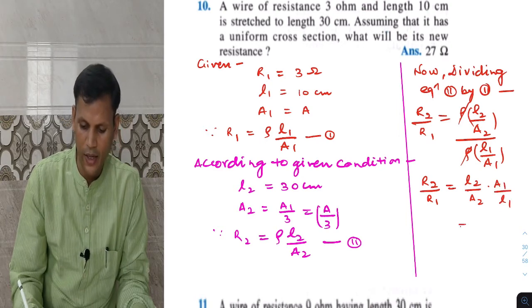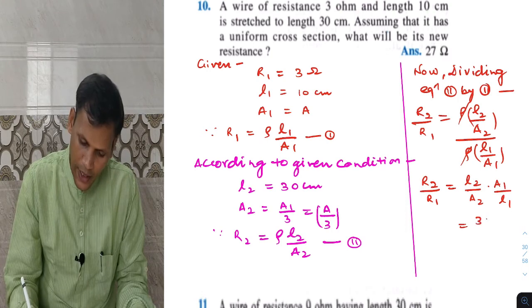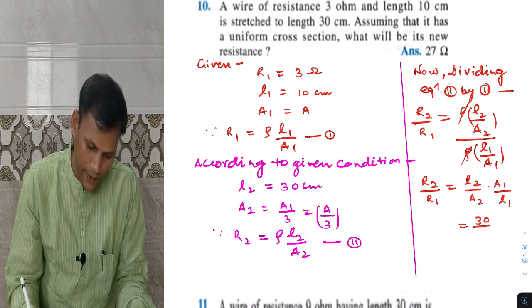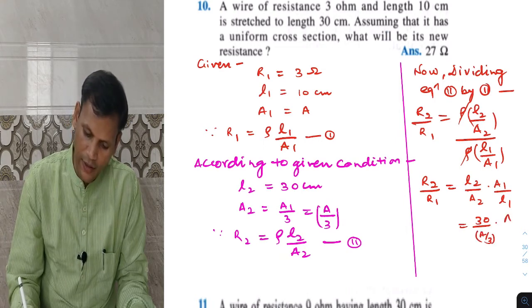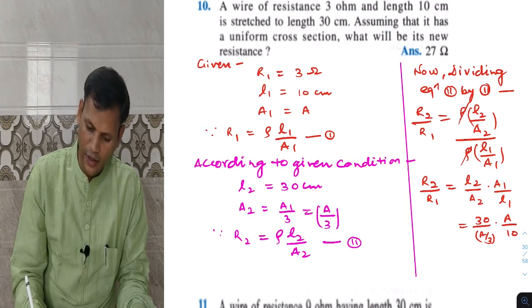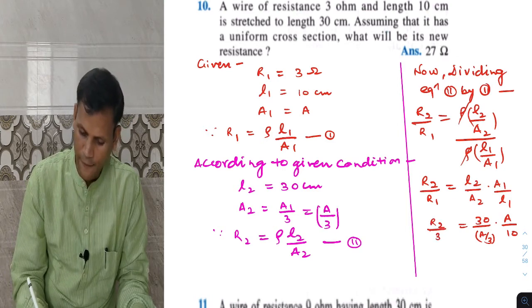Every term we have. L2 we have as 30, A2 is A by 3, A1 is A, L1 is 10. Now R2 is to be found out. R1 is 3.